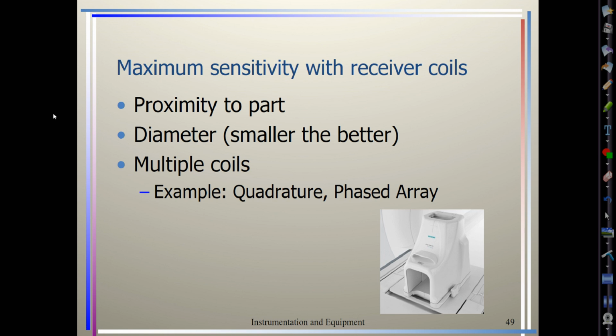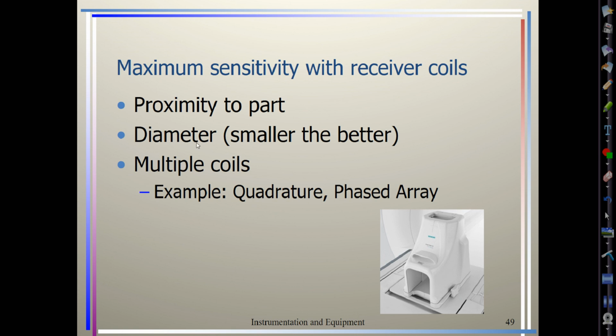And to get maximum sensitivity, and what we mean here is the most signal with these receiving coils, it's important to get that coil as close to the body part as possible. So proximity to part should be minimal. So we need to get that coil really close to that body part. And it's nice when the coils are designed and shaped in the structure of that anatomy.